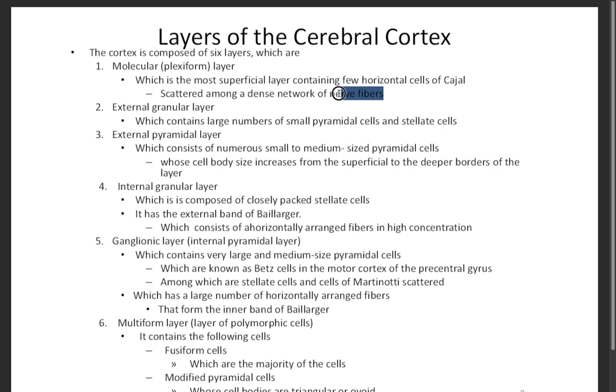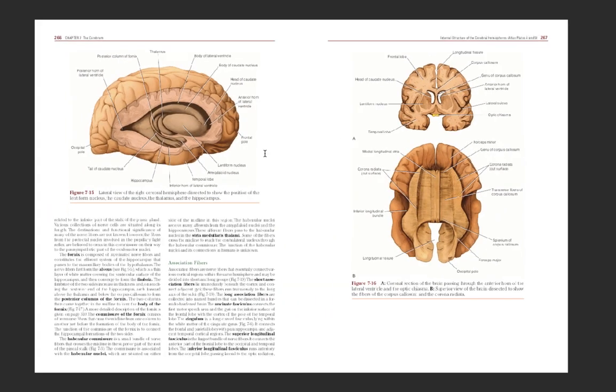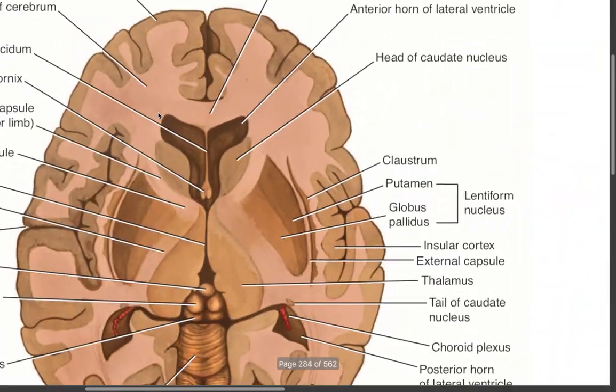The nerve fibers, as you know, are called the axons, and once we have mentioned the nerve fibers, there is something that I have missed to say. We said the cerebral cortex is made up of gray matter, and the major component of the gray matter is the cell bodies, okay? So the cell body is the major component in here. If you can just observe, this is the gray matter.